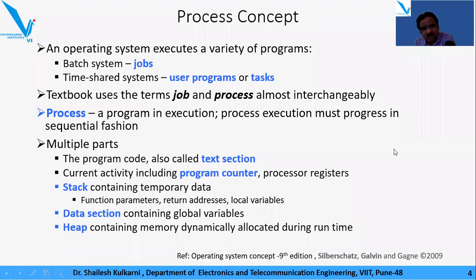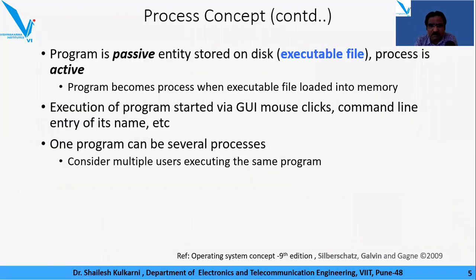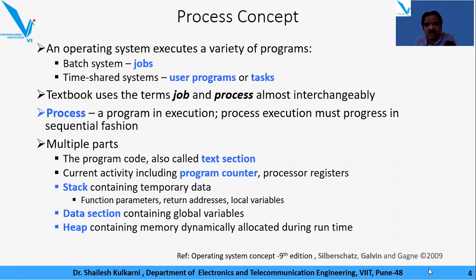As we also understood, in order to understand the existence of a process, the operating system uses a data structure, and that data structure has typical sections: the text section, program counter, processor registers, the stack area of the memory, then the data section that contains the different global variables, and the heap that is used for memory management.